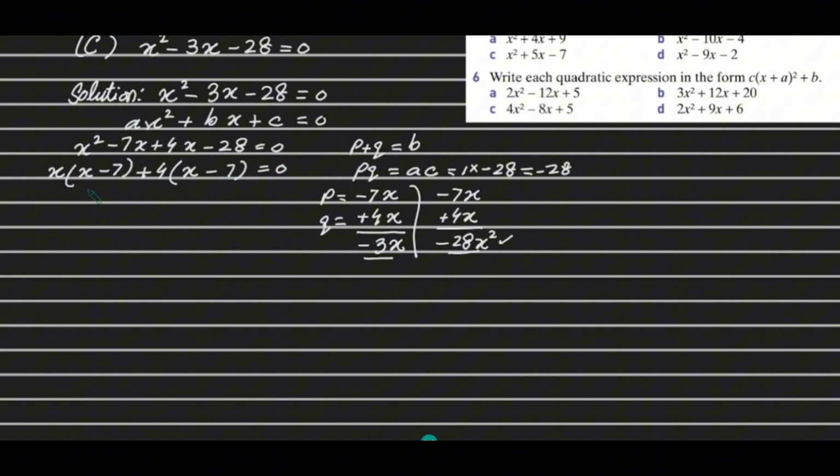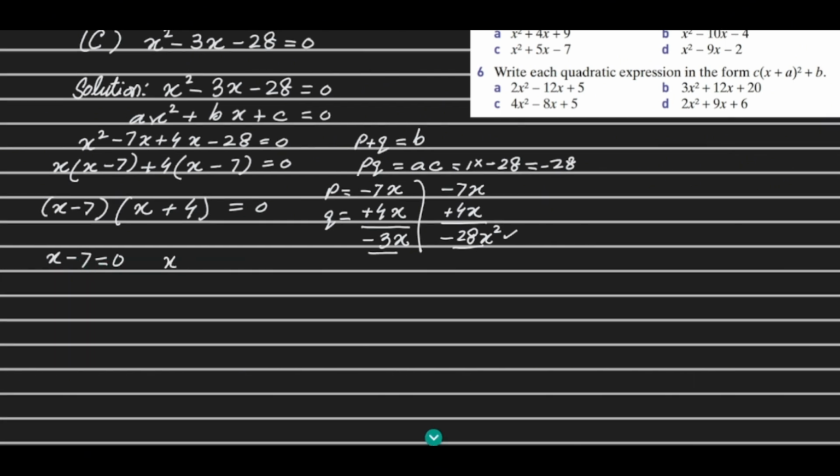So as we see, x minus 7 is common. We write it first, x minus 7, and then the remaining term x plus 4 equal to 0. Now x minus 7 equal to 0 and x plus 4 equal to 0.